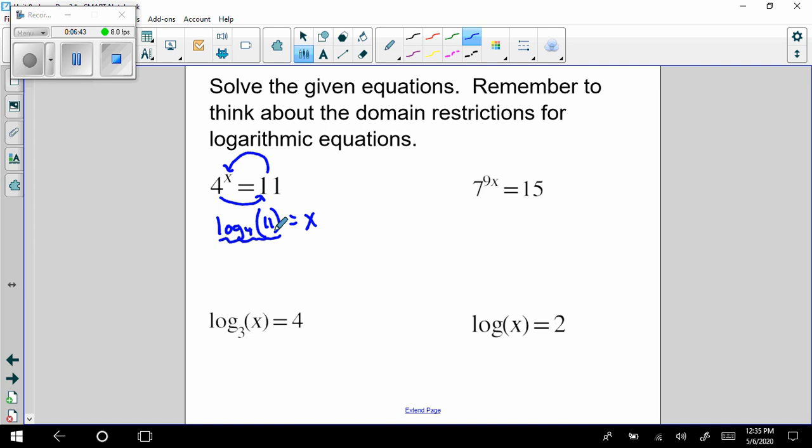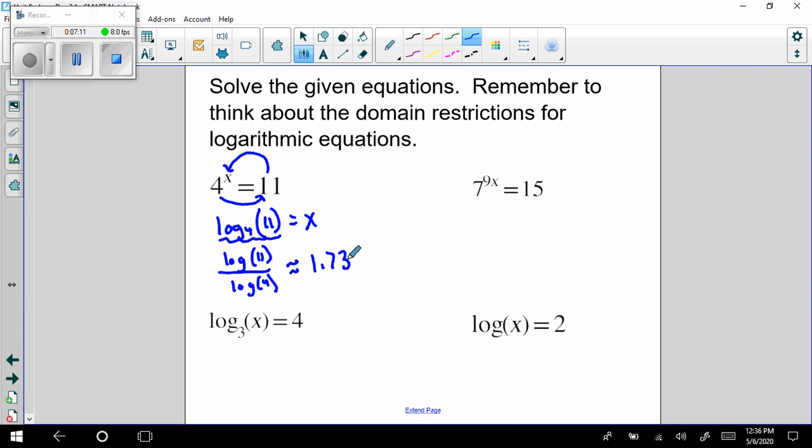So those of you with your TIs, go to that math key and find your log base. If you don't, I'm not going to write all these out like this, but you do log 11 over log 4. Change a base. So on this one, I got 1.73. You can check it, plugging it back in. You should get something close to 11 because we've rounded the answer.